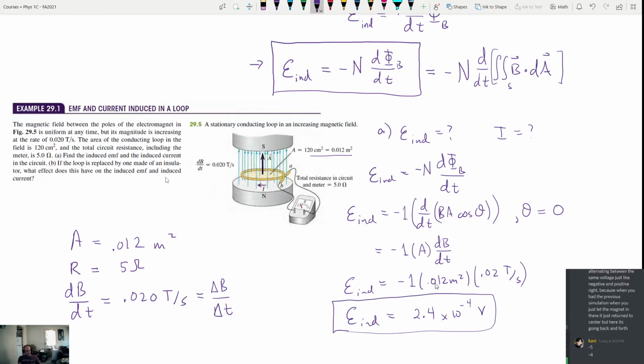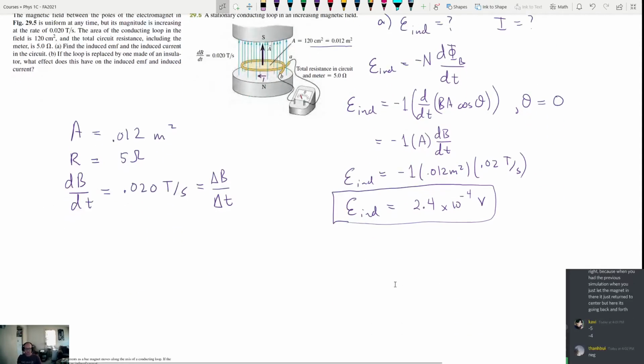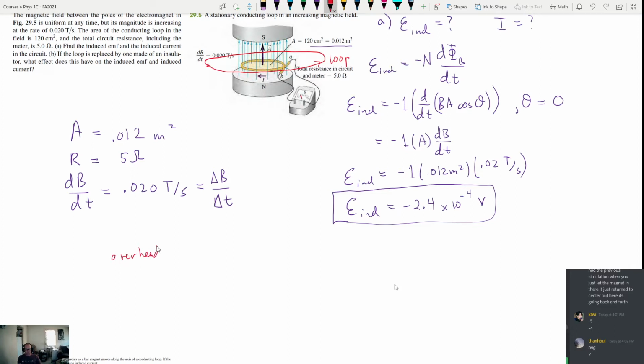One thing I want to emphasize, and I don't know how explicit the book is about this, is that, oh, there's a negative sign too, that's right. So that negative sign, as we're going to find out, is really not that important. I want to mention one other thing here, which is, suppose that our loop was bigger than the magnetic field. Suppose this was our loop. Then if we were to look at that from overhead, we'd have this big loop like this.